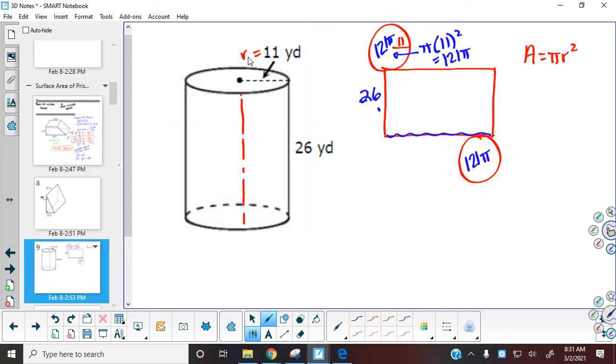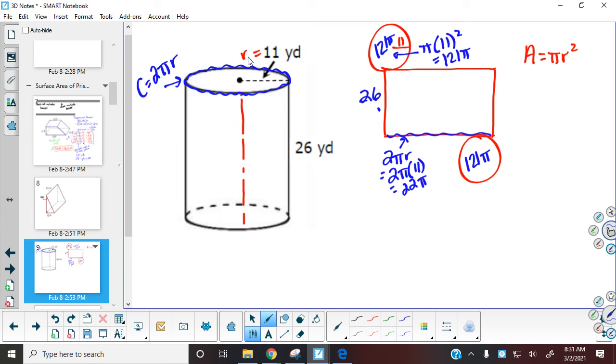If you think about that soup can label, if you were to wrap it back around, this, as I go around here, is the length of that rectangle. So that is actually the perimeter, or the circumference, which we know is 2 pi r. In this case, 2 pi r is 2 pi times 11, which is 22 pi.